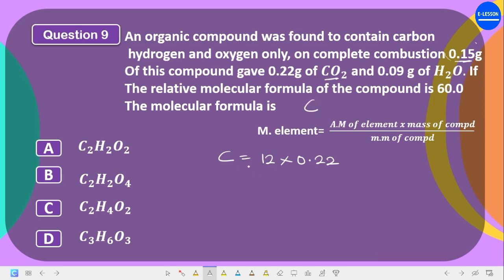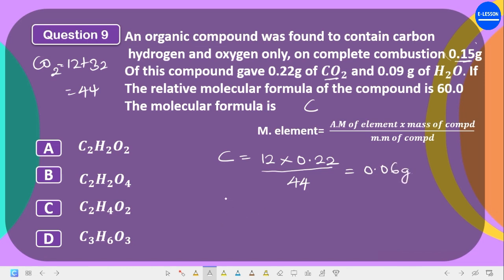So if you are looking for that of carbon, we should be looking at CO2 as a compound, divided by the molecular mass of CO2, which is 12 plus 32, which equals 44. So 12 times 0.22 divided by 44 will give us 0.06 gram. So that is the mass of carbon.